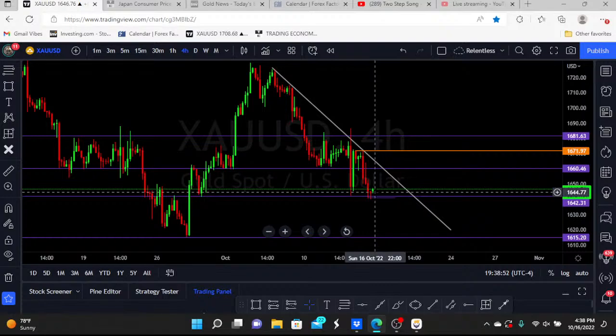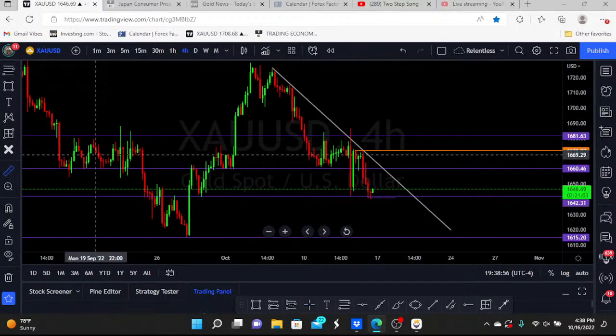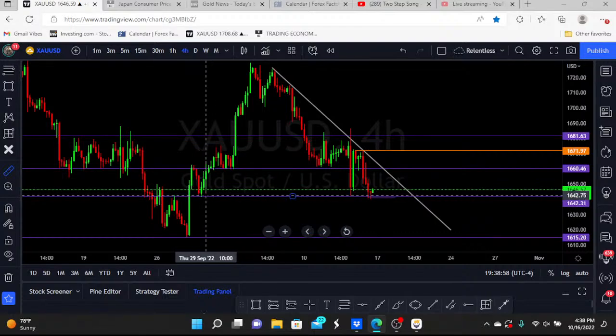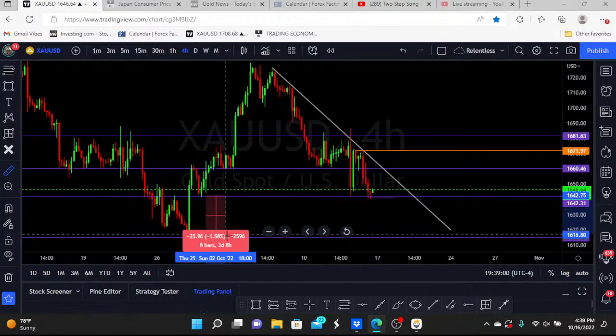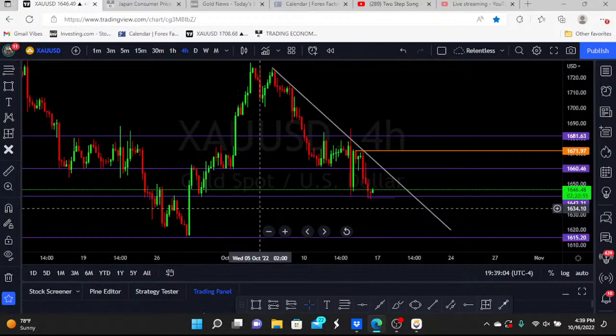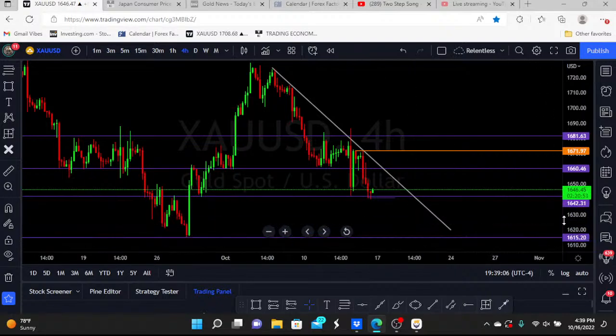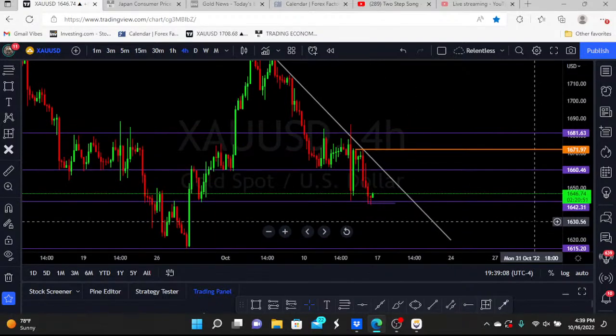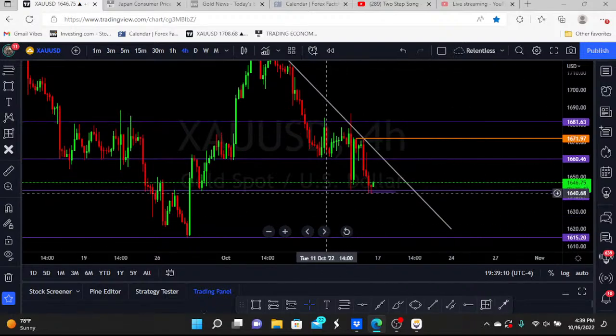That's great because you have a lot of range to the downside right here. What are we talking about? 271 pips from 1642 to 1615. I can't wait to read an article. Let's read an article. That's exactly what I want to do.